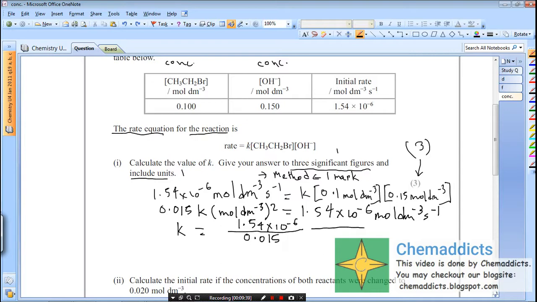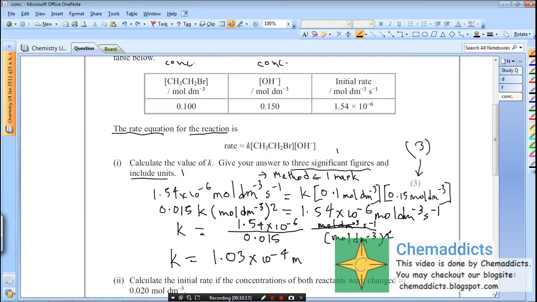Here let us also write the unit. It should be mole per dm cube per second, and here we have mole per dm cube, whole squared. So let us cancel this out with this one. Ultimately we will get 1.03 × 10^-4.